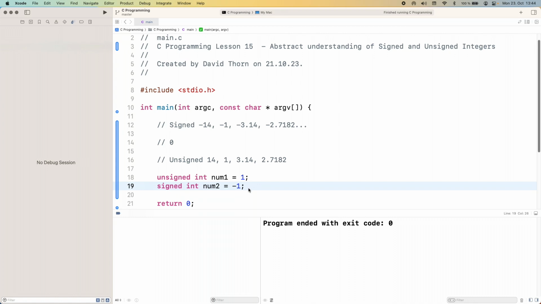And I'm not saying numbers here because it's based upon the operating system where your program has been compiled.